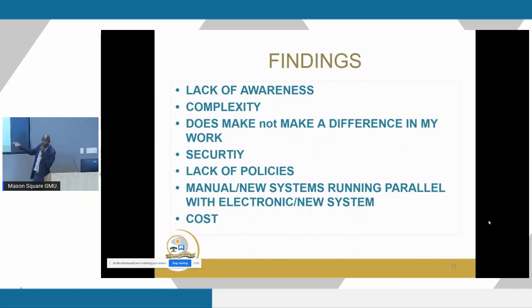And then this one, I talked about this already. The problem that we found is that there's a manual system or an old system in the organization, and we are trying to introduce a new system. And unfortunately, we allow the old system to run parallel with the new system.